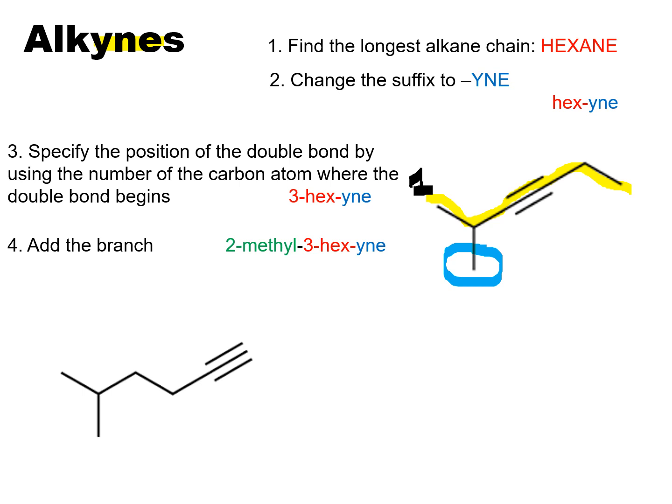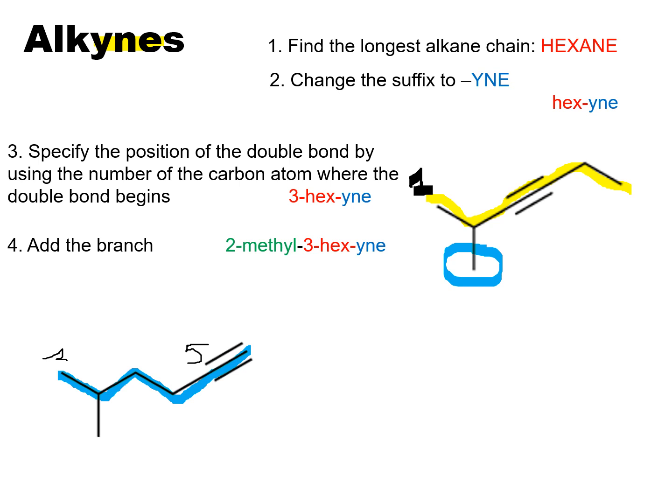So the longest chain here would be 1, 2, 3, 4, and 5, right? So I have a chain of 5. Now, if I start my numbers from here, this methyl group would be low, would be 2, but the triple bond would be 1, 2, 3, 4, 5. We start at 5, so it would be quite high.